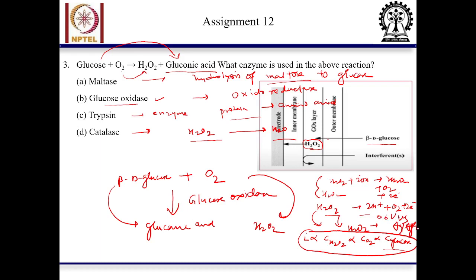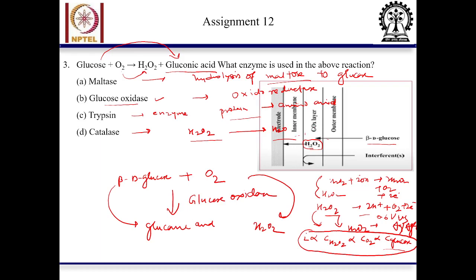So this is all about the glucose sensor, where basically there are two electrodes. The working electrode has three layers. In the outer layer only beta glucose can go, and in the middle layer, which is called the catalyst layer, glucose will go to gluconic acid and oxygen will go to hydrogen peroxide. From the middle layer to the inner layer only hydrogen peroxide can go, which reaches the electrode. There hydrogen peroxide will be reduced to water, and whatever oxygen remains will go back to the middle layer.